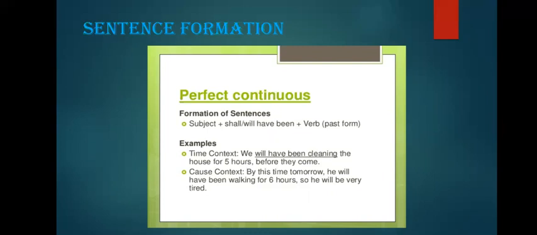And if it was, okay, we will have been cleaning the house since 6 o'clock. Since the time period is mentioned clearly, we use since. But here, the time period is not mentioned clearly, I do not know since when this person is cleaning the house. Five hours from when? So before they come.